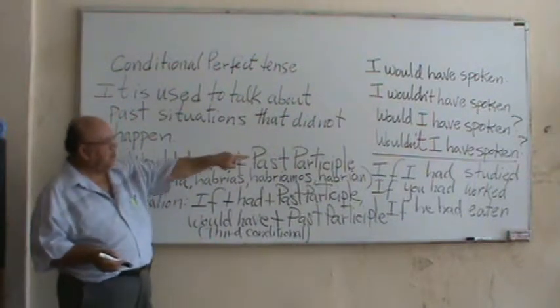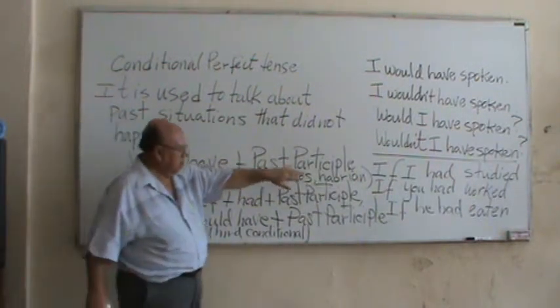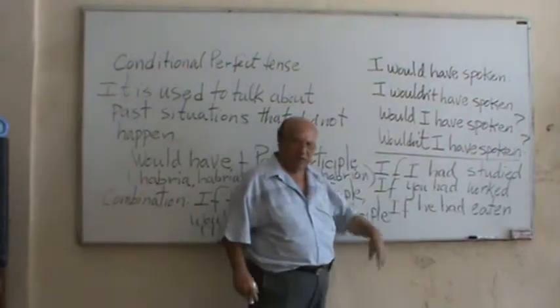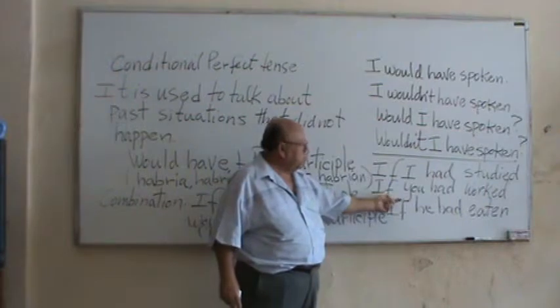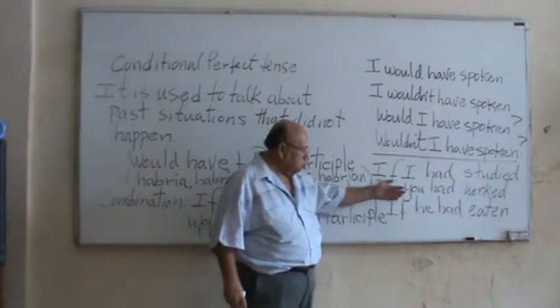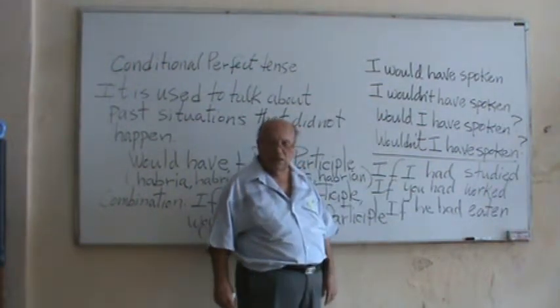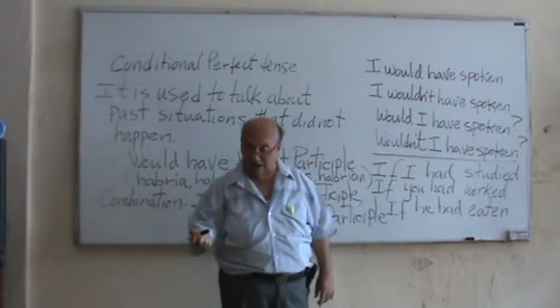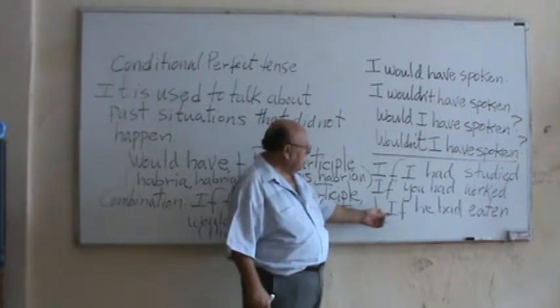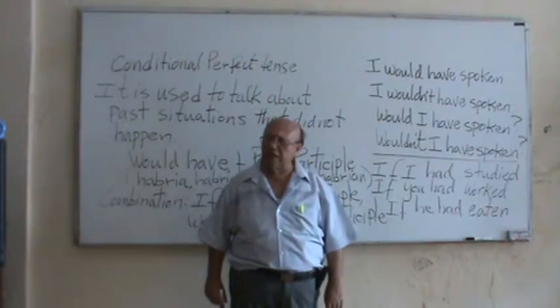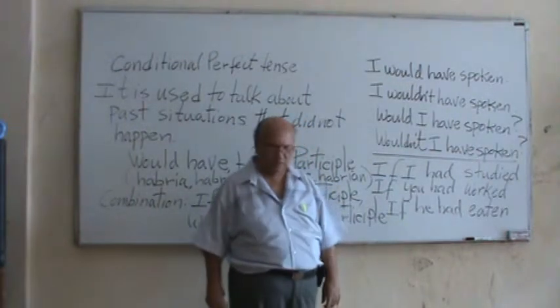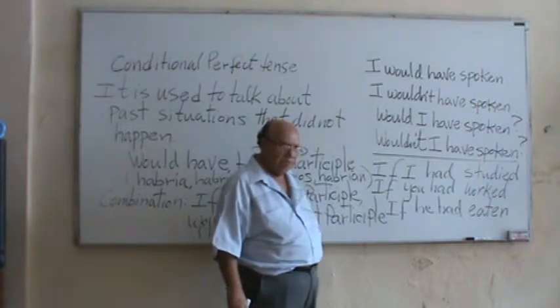Example, if I had studied, si yo hubiera estudiado. If you had worked, si tú hubieras o hubieses trabajado. If he had eaten, si él hubiera comido. Okay?